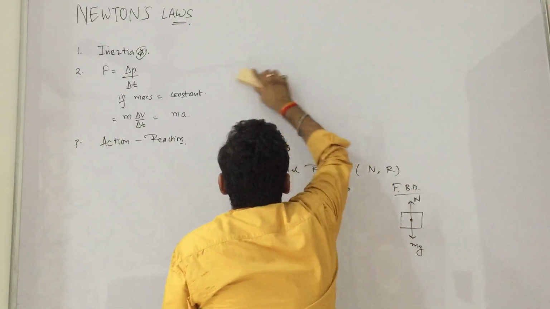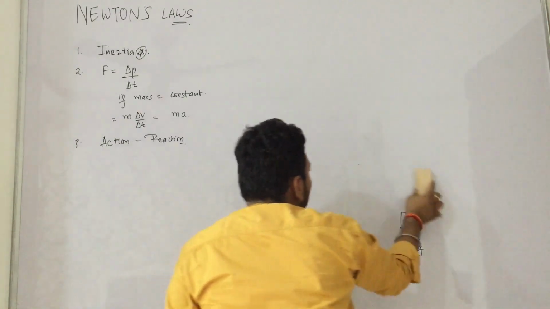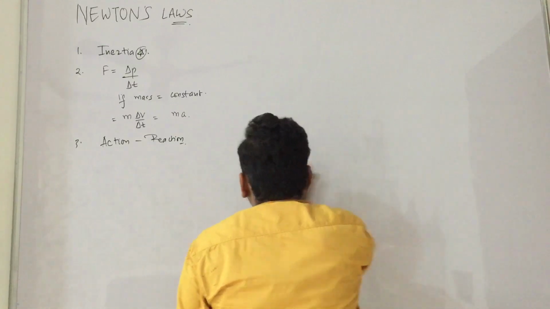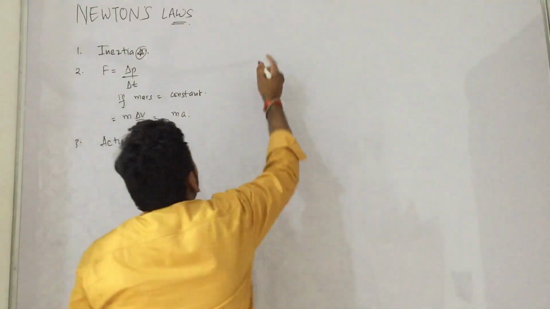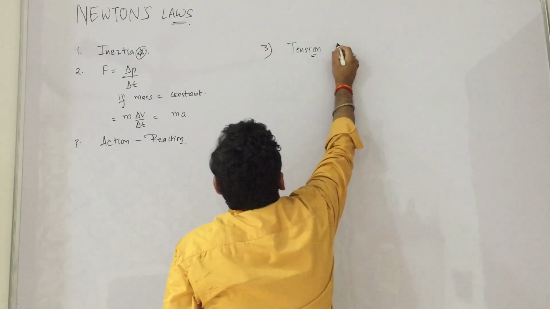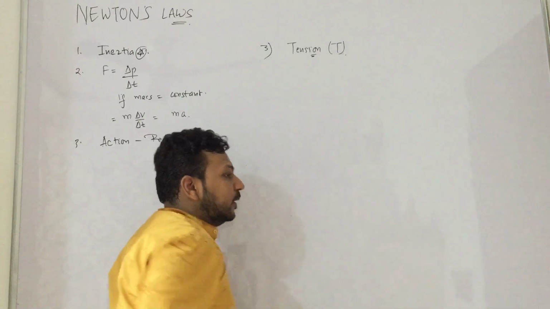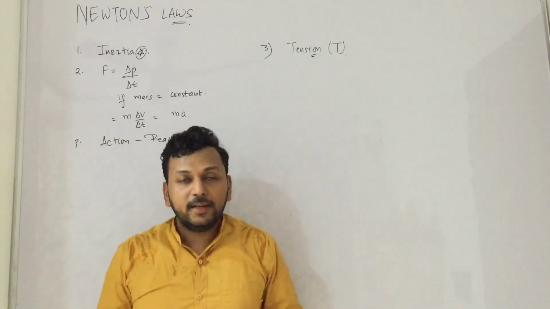Now third force that we'll study is tension, which of course comes during exam time, but this is a different tension. So tension that here we are studying is in the string or rope. See, if you hold some object with rope, the rope gets tight, right?